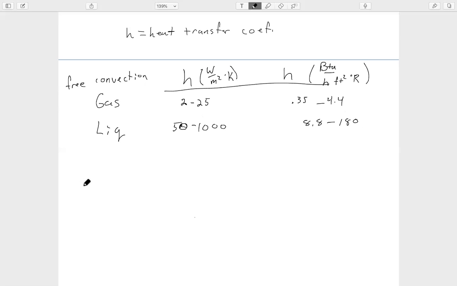That's when you just let it gently float and rise. If you turn on a fan, like in a convection oven, we call this forced convection, and it's going to increase.